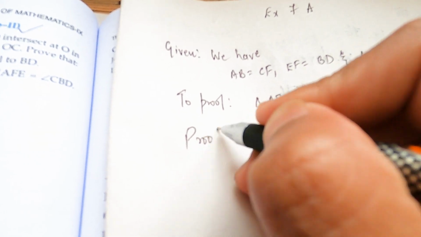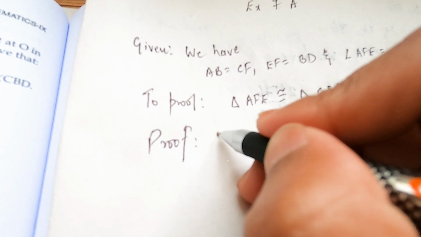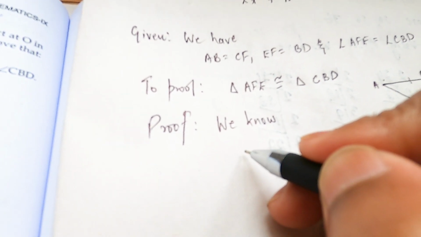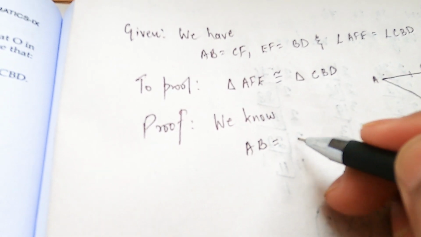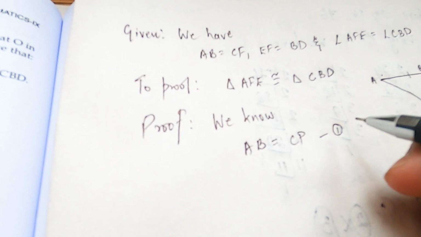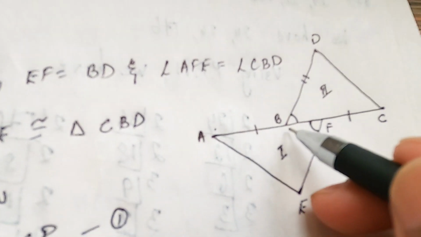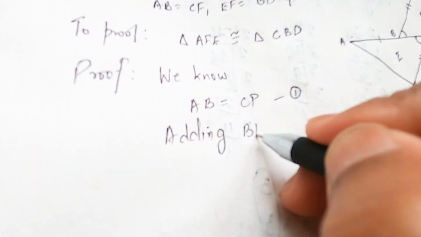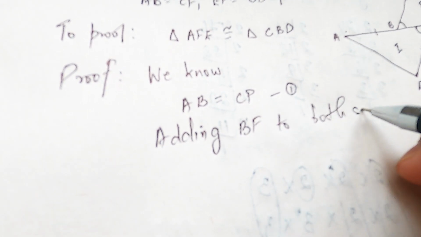So, proof. Alright, so you write we know AB is equal to CF. You name this as equation 1. So what we will do is add BF to both sides of the line segment.